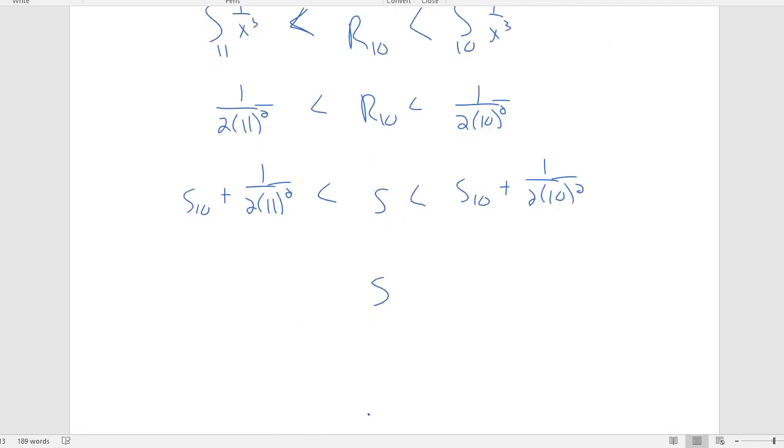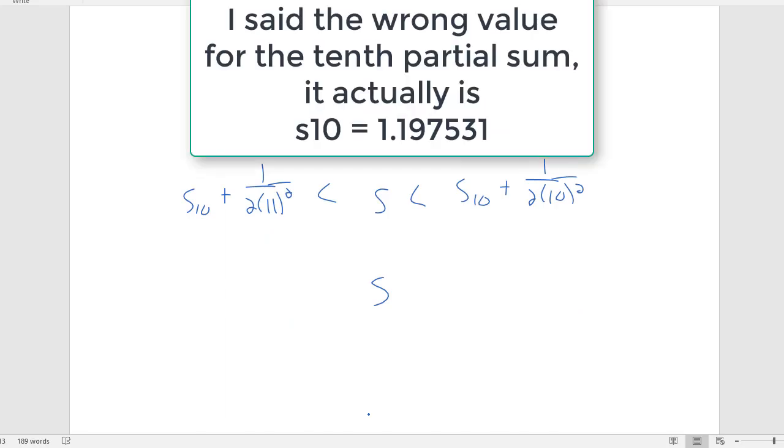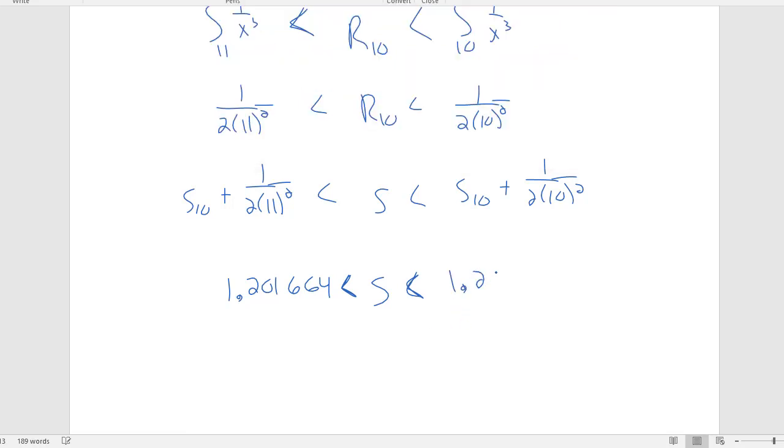Take out my calculator and I crunch all of those numbers, because I have that decimal 1.297618, whatever that value was. We get 1.201664, and then we get 1.202532.